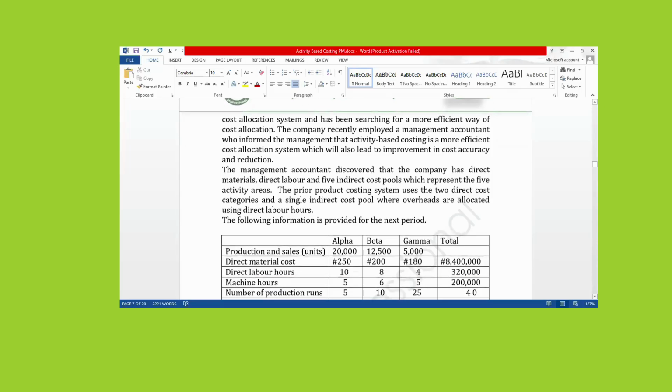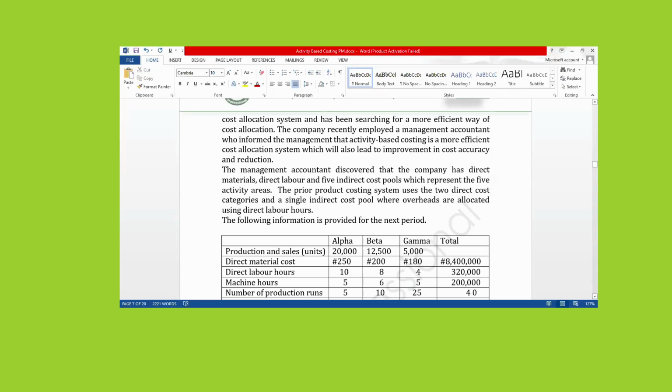The management accountant discovered that the company has direct materials, direct labor, and 5 indirect cost pools, which represent the 5 activity areas.